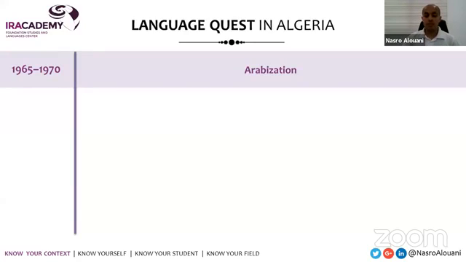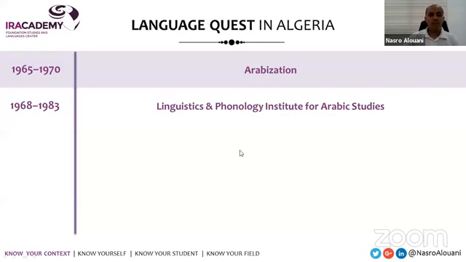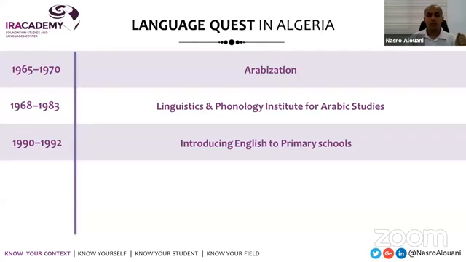Of course, it didn't last long. In 1968, the Institute for Linguistics and Phonology was created. It was shut down in 1983. From 1990 till 1992, English was introduced to primary school, and it was a bold initiative, but it was cancelled.